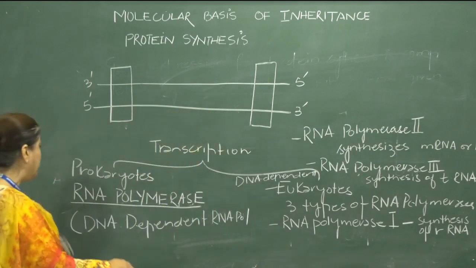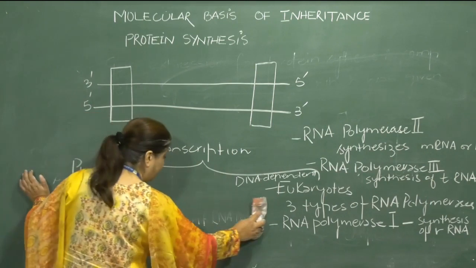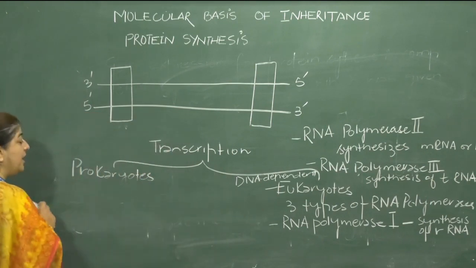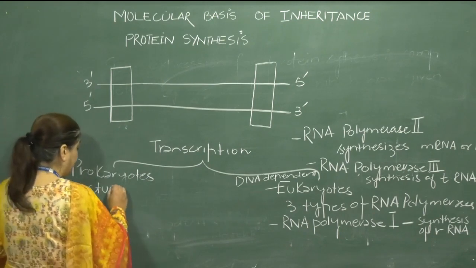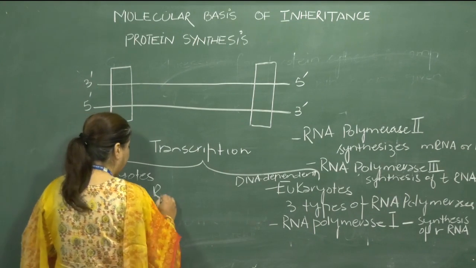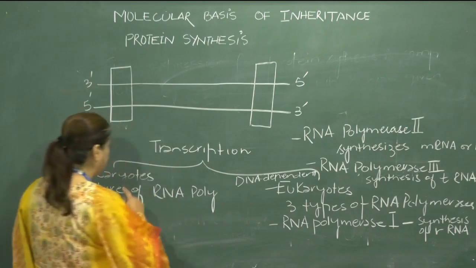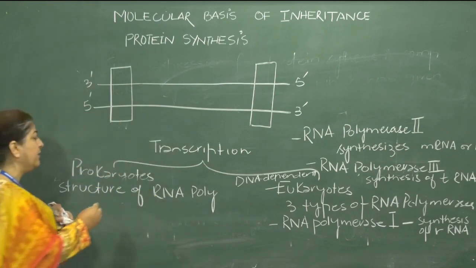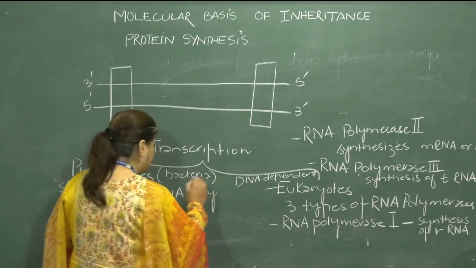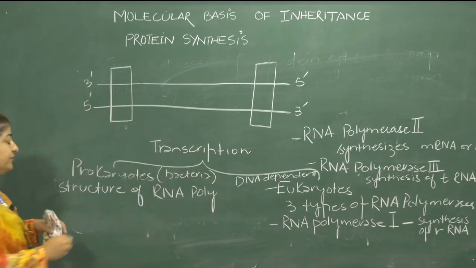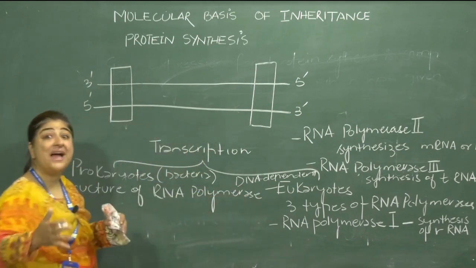This is clear. Now, while talking about the structure of RNA polymerase of the prokaryotes, let's say the bacteria, we can see that the structure of the RNA polymerase has 5 subunits.